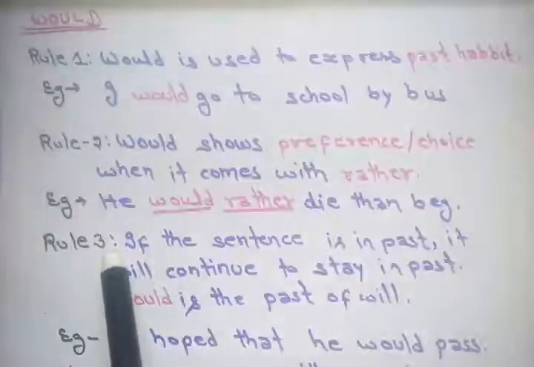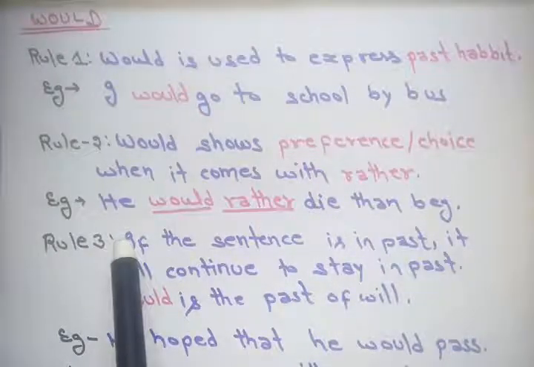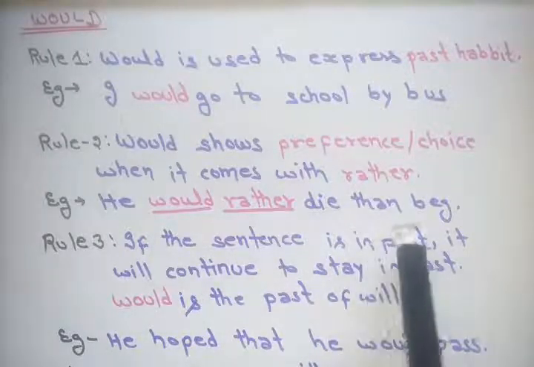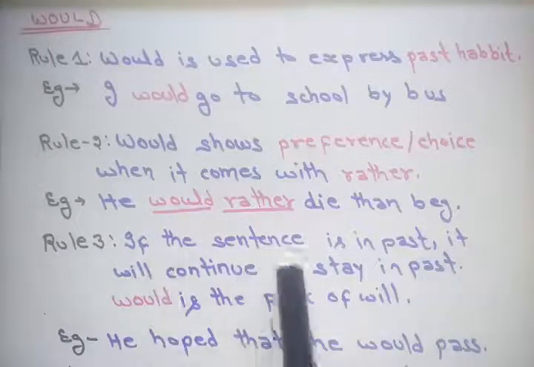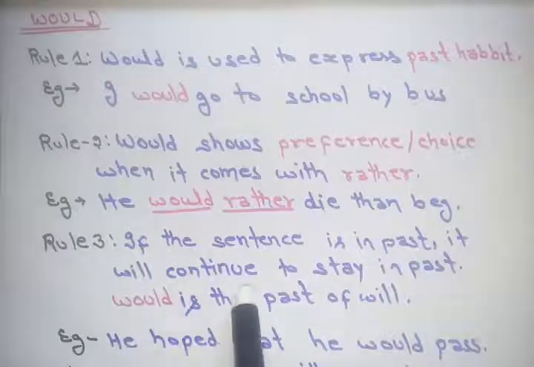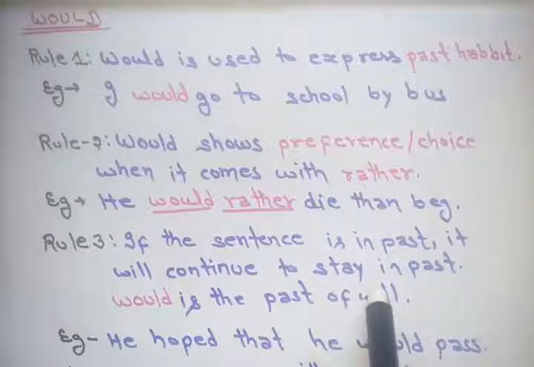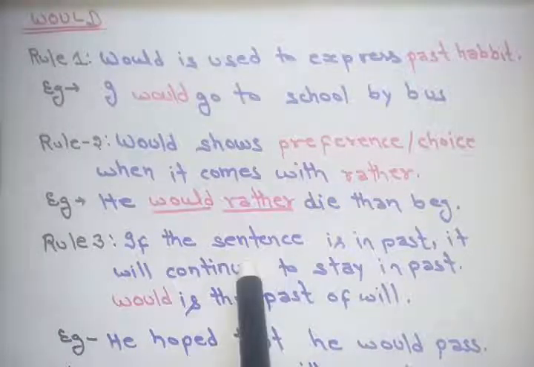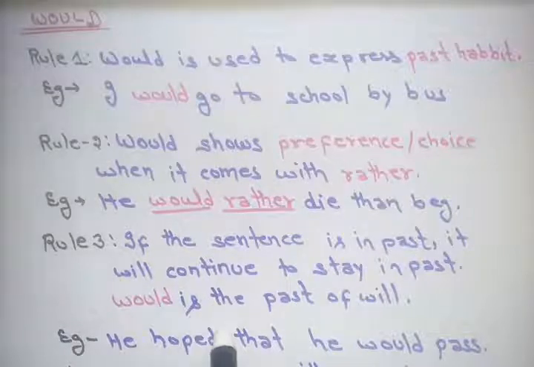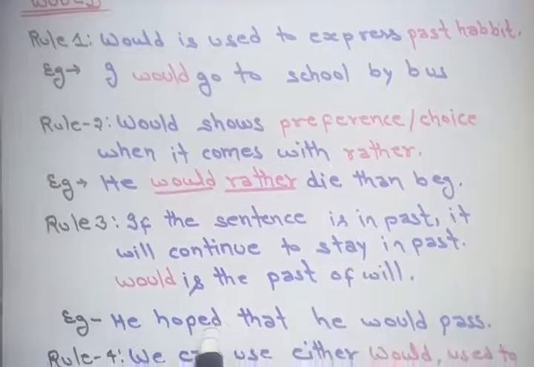The next rule, number three, is that if the sentence is in past, it will continue to stay in past, and "would" is the past of "will". We can easily understand it by an example.